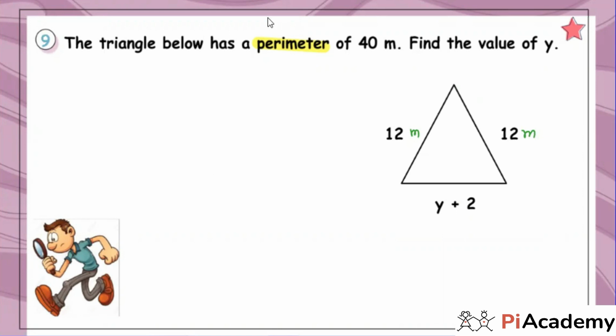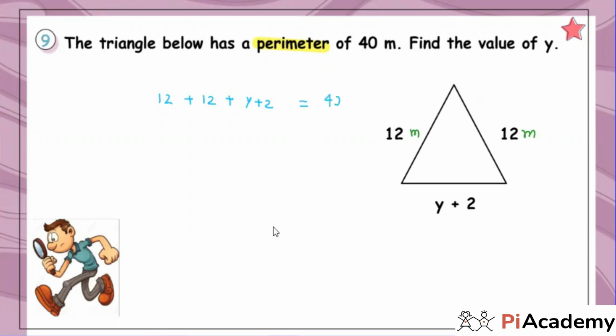Now let's see who is going to solve this question. Tulsi, can you please try this question? First you add the sides together, the sum of the sides, which means 12 plus 12 plus y plus 2, and that equals 40, the perimeter value.